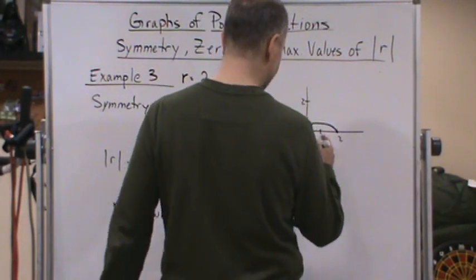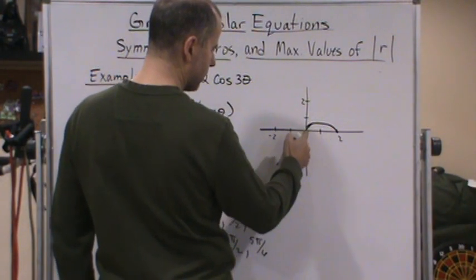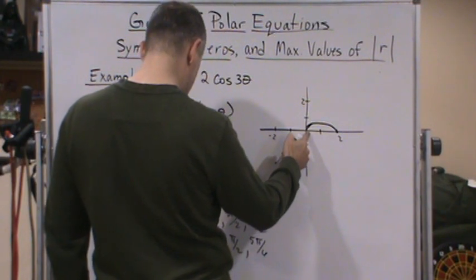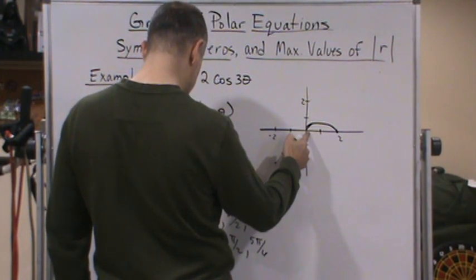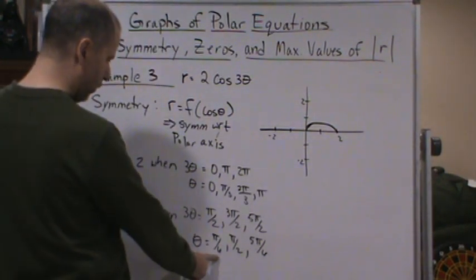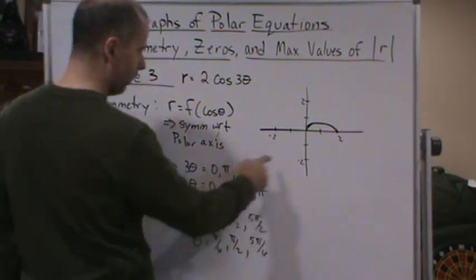Or excuse me, pi over 6, I'm sorry. So if we go from 0 to pi over 6, we go from 2 to 0.